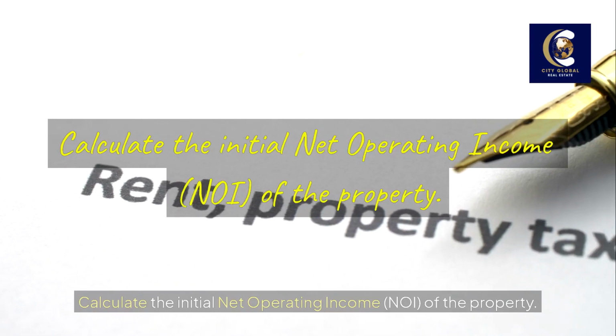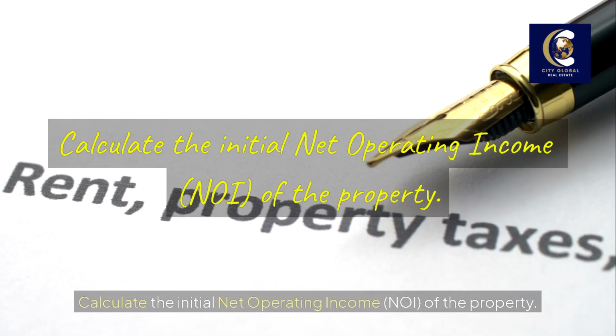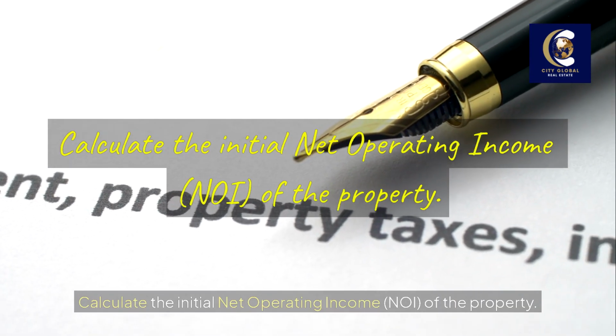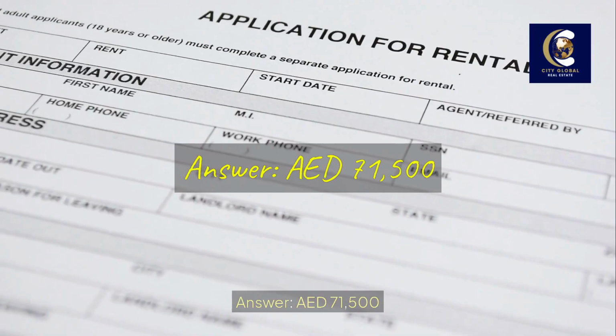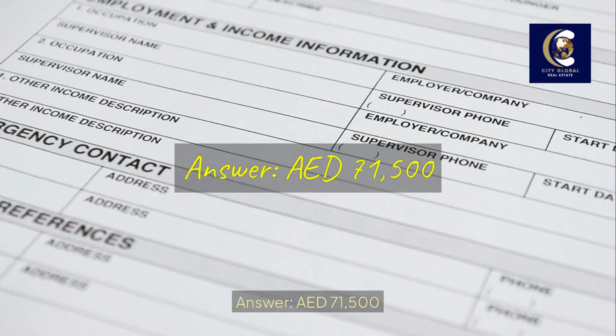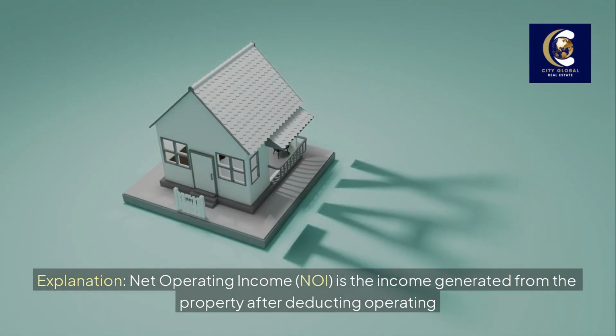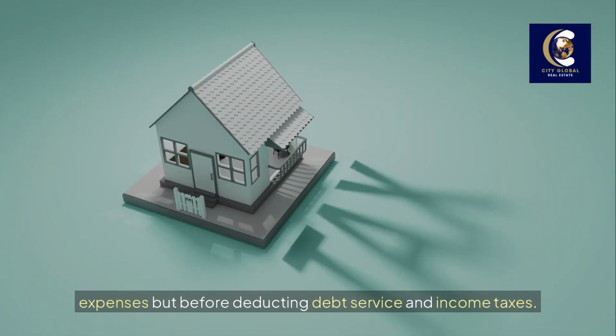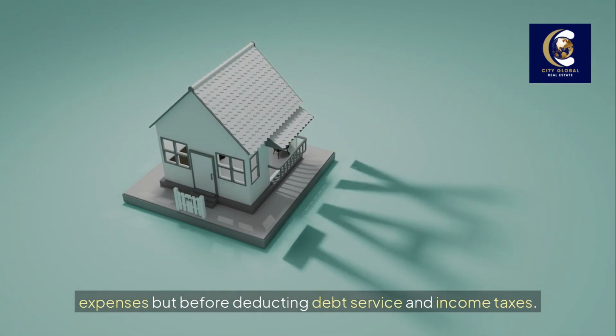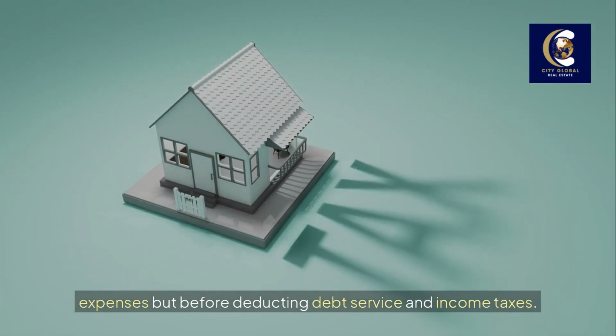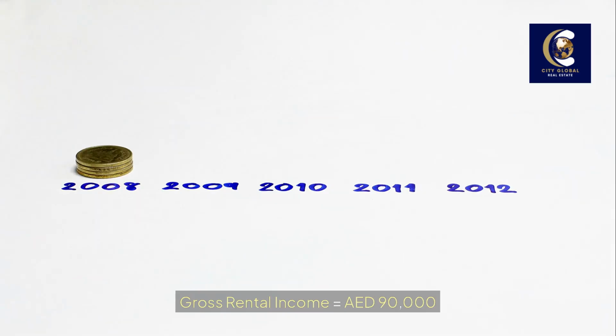4. Calculate the initial net operating income (NOI) of the property. Answer: AED 71,500. Explanation: net operating income (NOI) is the income generated from the property after deducting operating expenses, but before deducting debt service and income taxes. Gross rental income equals AED 90,000.